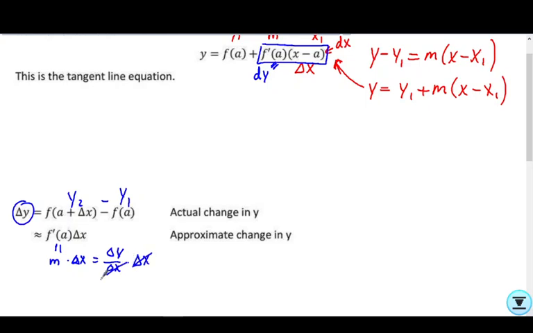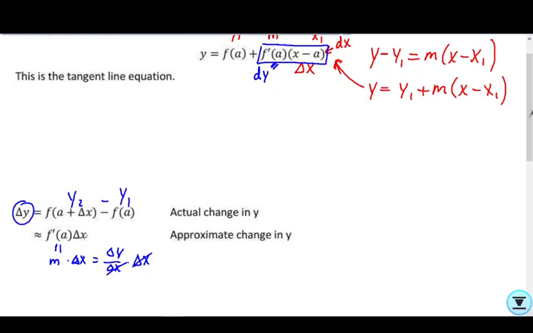So this whole equation makes sense. Okay? So the actual change in y is y2 minus y1, but we can approximate the change by using the slope times my change in x, or my dx. So this is basically the use of my differential.